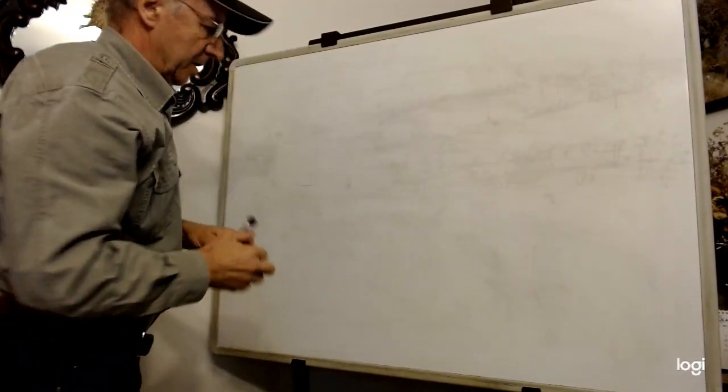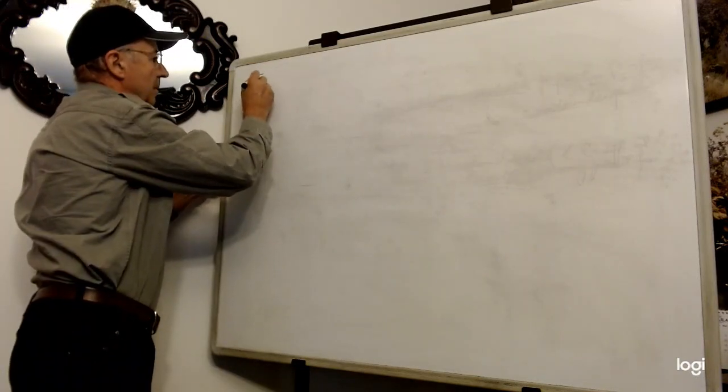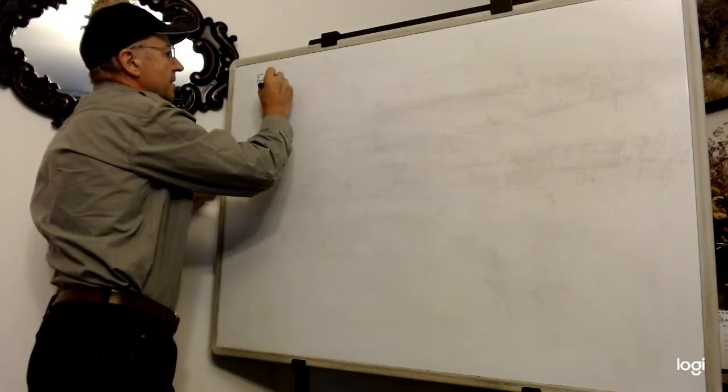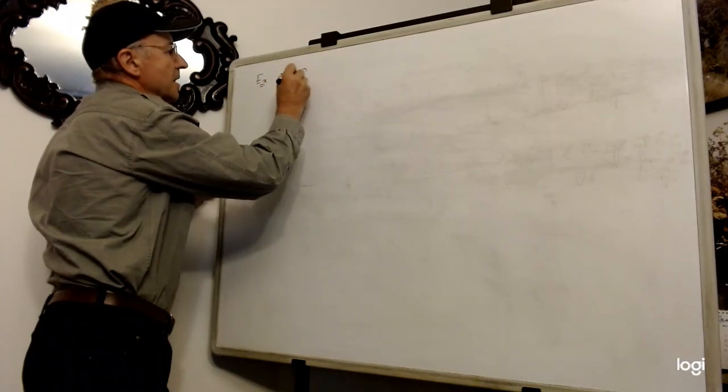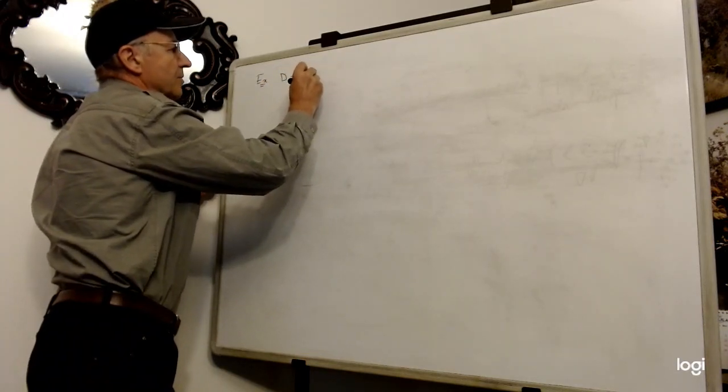A first example. The set D equals C minus 0.